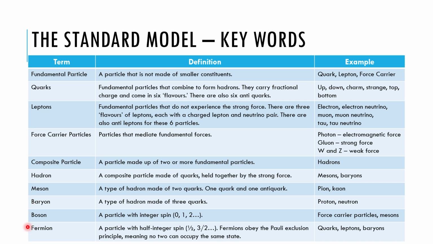You can't be a fundamental particle and a composite particle, because you're either not made of smaller constituents or you're made from two or more fundamental particles. And similarly, you can't be a boson and a fermion. You can't have whole integer spin and half integer spin. And so we have particles which can either be classified as fundamental or composite, and boson or fermion. And there are different combinations of each.